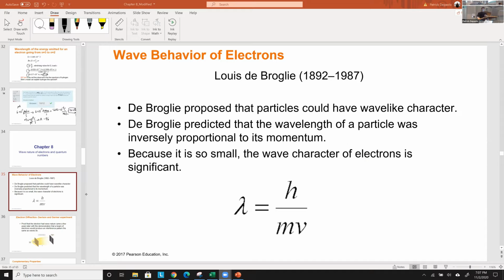So we're going to go through this a little bit faster, which is not that important really, but basically there is a wavelength or wave behavior. We know that photons behave as waves and particles.